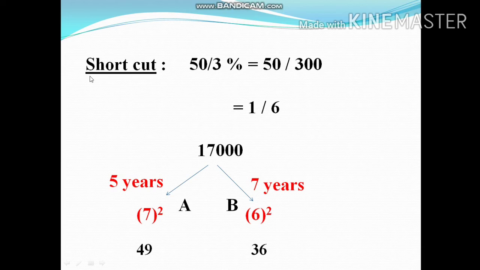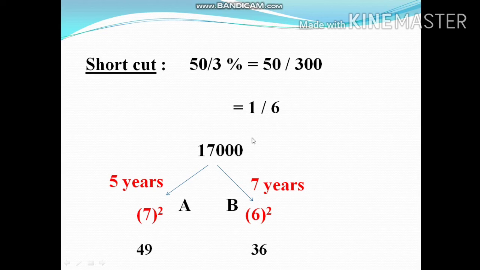Let's see the shortcut. Rate of interest is given as 50 by 3%. So 50 by 3% is equal to 50 by 300, that equals 1 by 6. So one principal becomes 6 and the other principal becomes 6 plus 1, that is equal to 7.